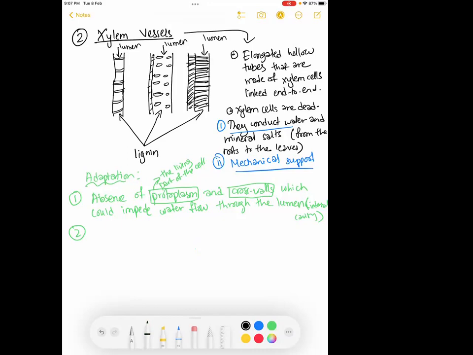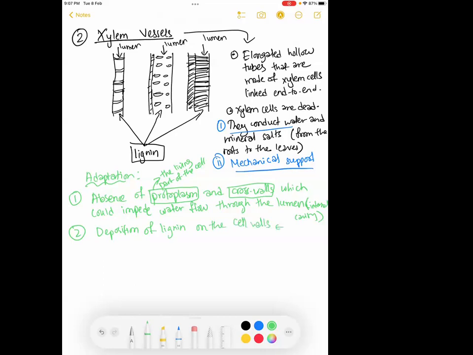Now, where was I? Another adaptation, right? So another adaptation is the deposition of lignin on the cell walls.